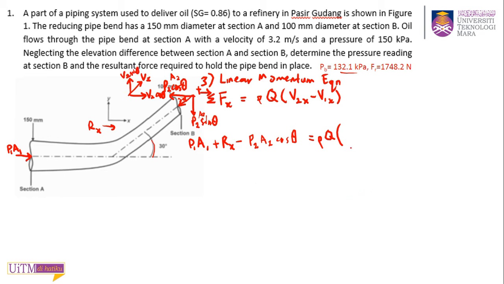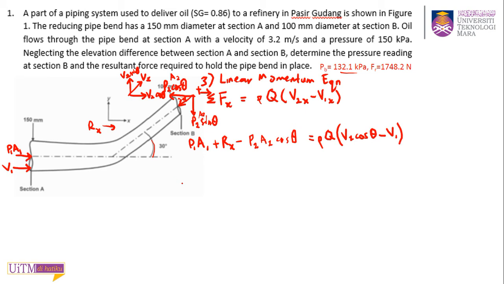So you have V2X is V2 cos theta. This direction is similar to your reference. So V2 cos theta minus V1X is V1, because V1 masuk in X direction, just V1. So direction is the same with your reference, so just minus V1.